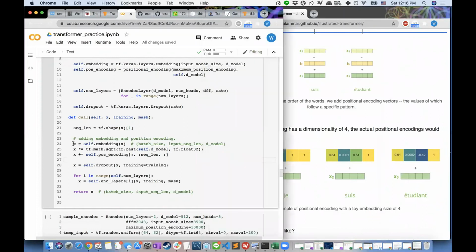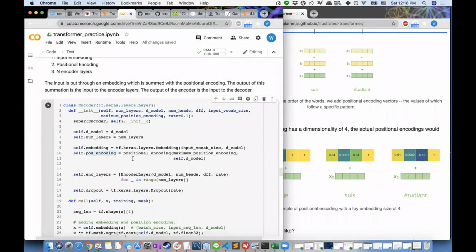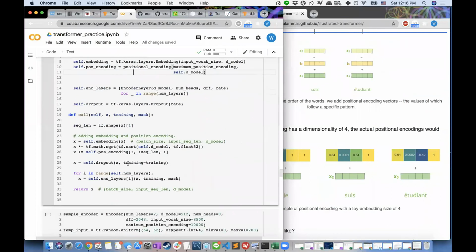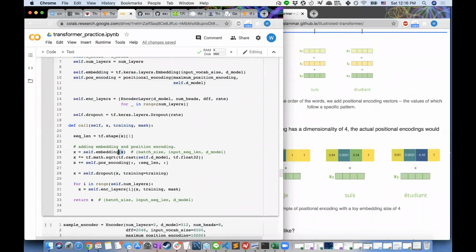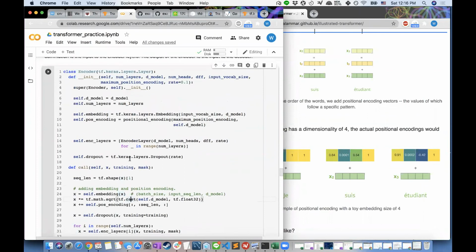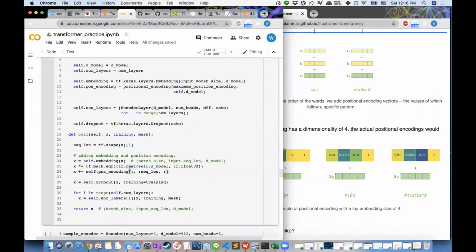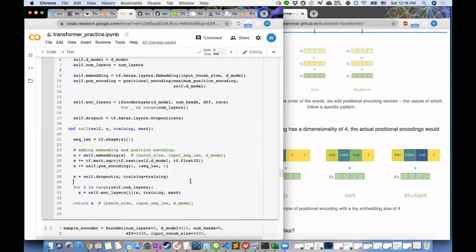So x equals self.embedding x. Okay, we're passing x into that. And that's batch size, input sequence length, d_model. And in this case, if I remember correctly, this should be 64, 512, 512.